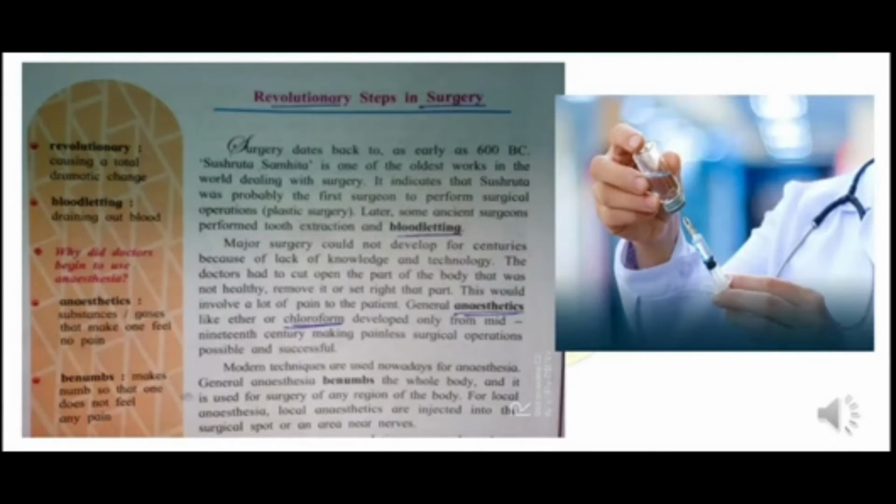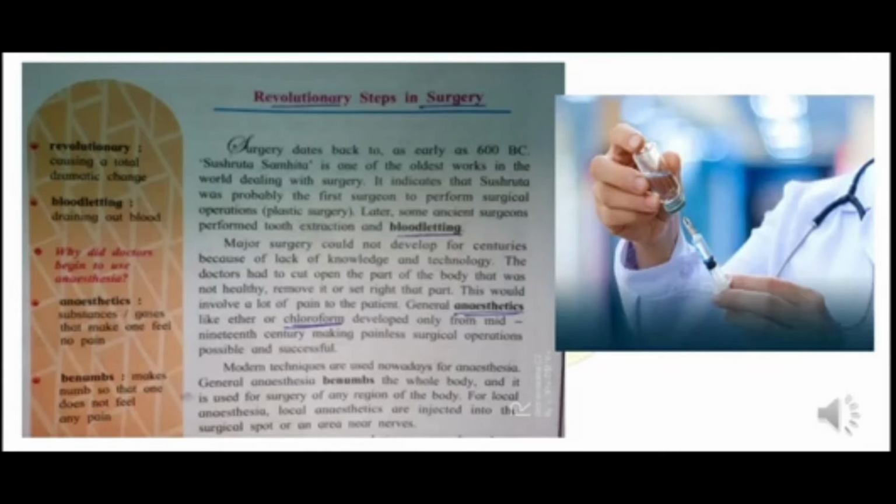As early as 600 BC, there was Sushruta Samhita. He was dealing with surgery, and was probably the first surgeon to perform a surgical operation of plastic surgery.